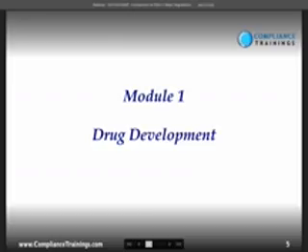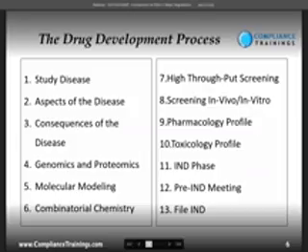Slide 5. Let's first talk a little bit about the overview of the drug development process. Today, most companies work in certain pharmacologic areas, for example, cardiovascular, neurological, CNS, and so on. And what the clinical scientists do here is they, first of all, study the diseases in the various areas of the body that they are addressing.